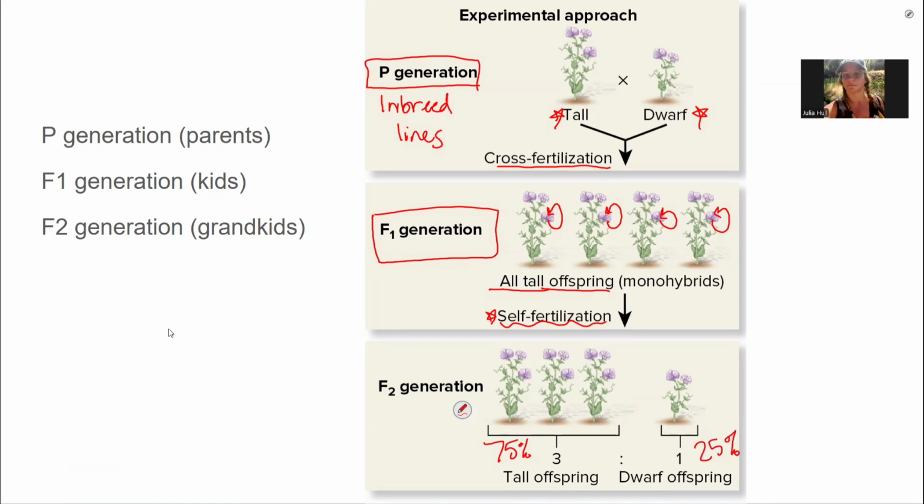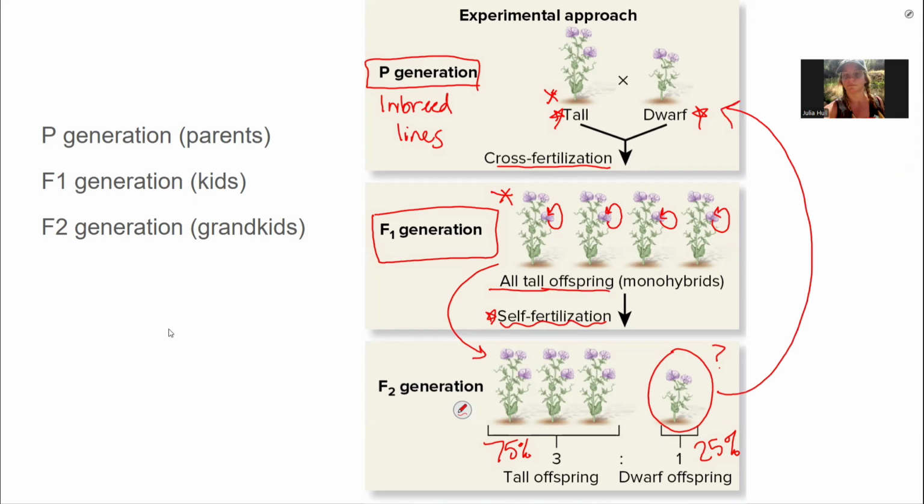And this was perplexing to Greg because tall boys always make tall kids, right? And these tall plants usually made tall kids, but not always. So where did these short genes come from?